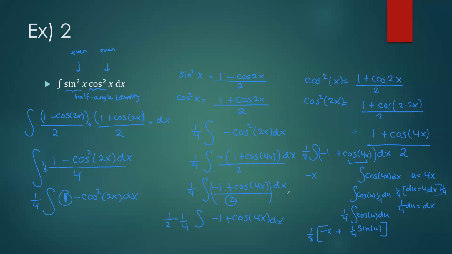So your final answer is going to be -1/8 x. And then 1/8 times 1/4 is positive 1 over 32 sin of 4x, because our u is 4x, plus c. Okay, so that's our final answer, -1/8 x plus 1 over 32 sin of 4x plus c.